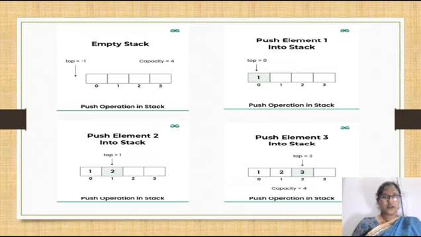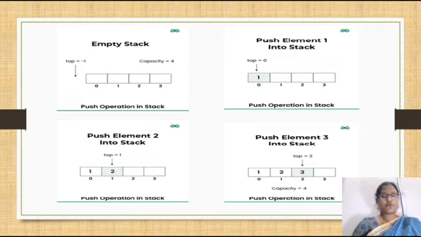See in the figure, first we have the empty stack, which has the top value as -1. Then in the next figure we insert an element in the array at position 0. The top value is 0 here, and we push the number 1 in the 0th position.